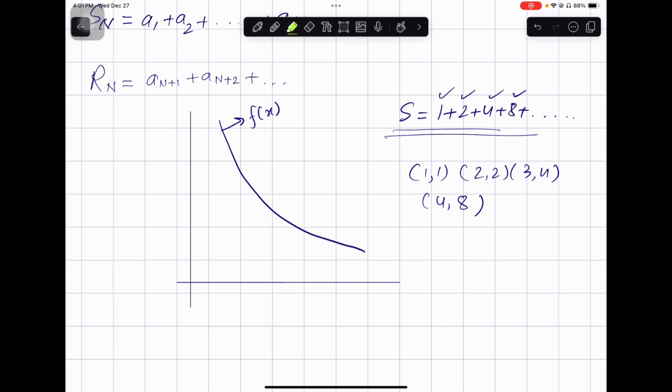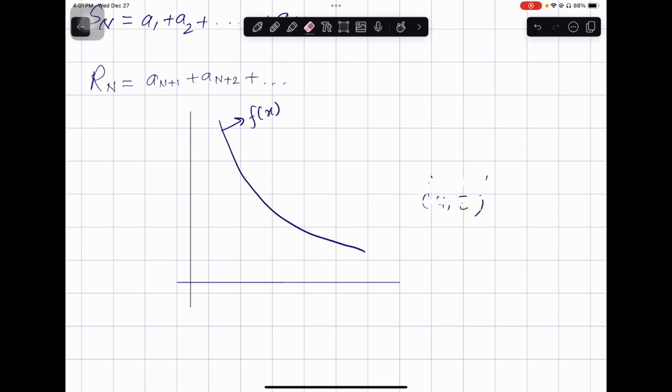These numbers are points on the y-axis, and for the x-axis, they are just the natural numbers starting from 1: 1, 2, 3, 4, and so on. That's how you would graphically represent a series. Let's erase this. That was just some additional information for you.